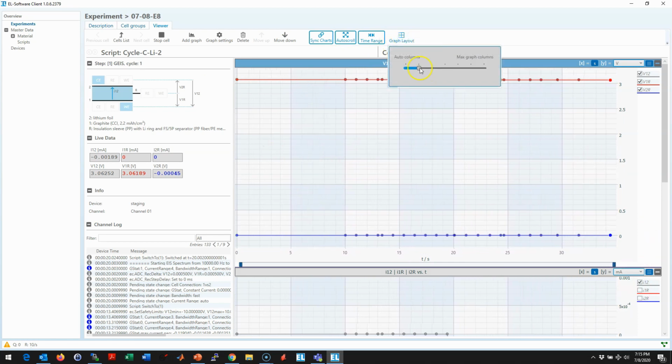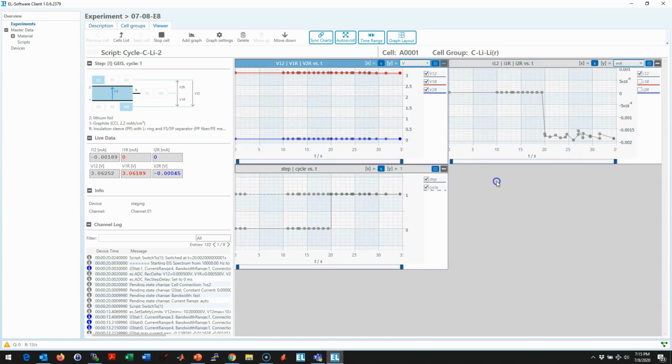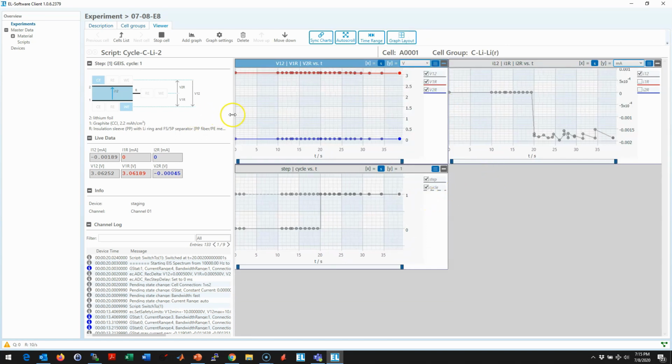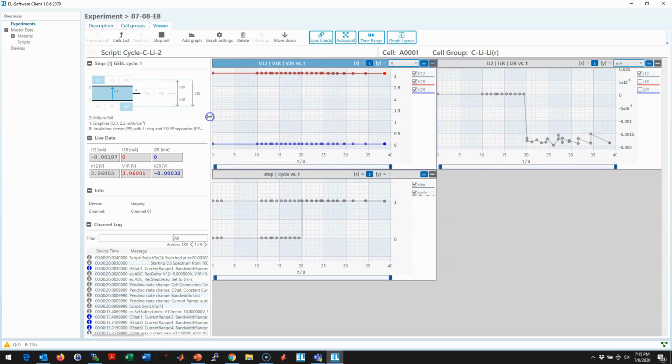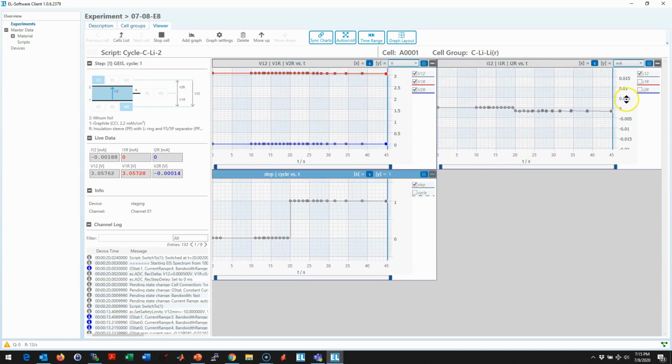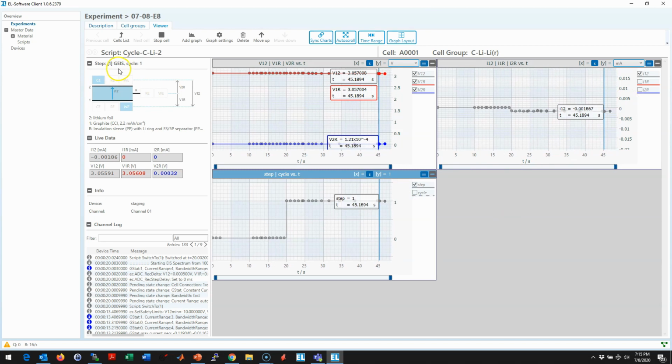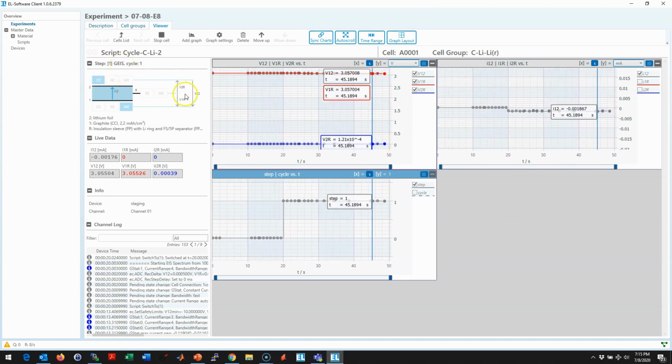We change the graph layout into 2 columns. So we are now in the galvanostatic impedance step.